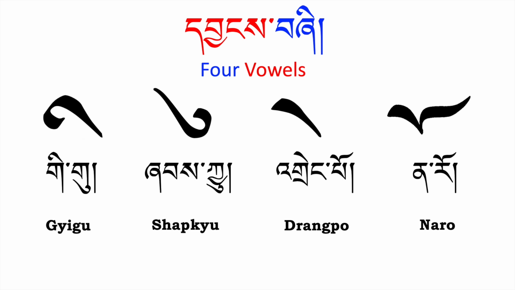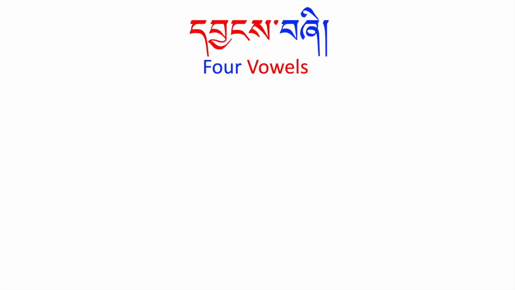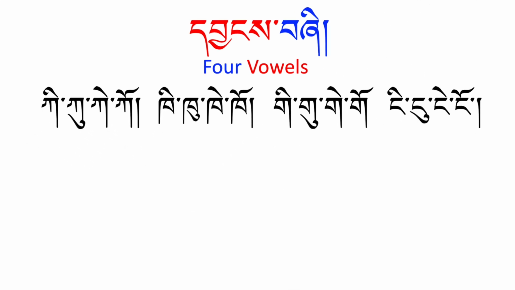Now these four vowels we need to put with the 30 consonants, and they make different sounds and also make meaning. Then we're going to learn it. Okay, let me show you the 30 consonants.